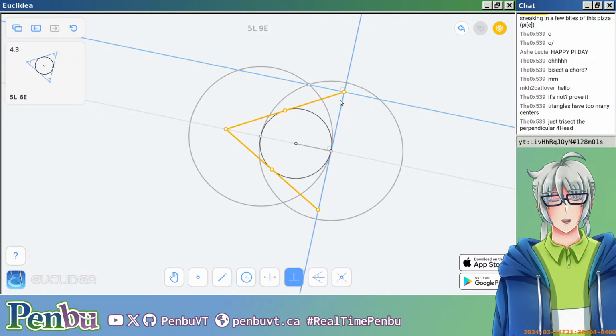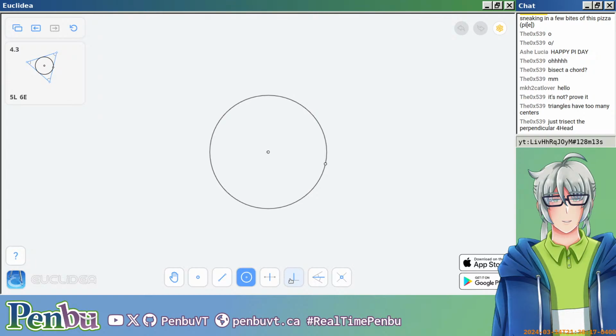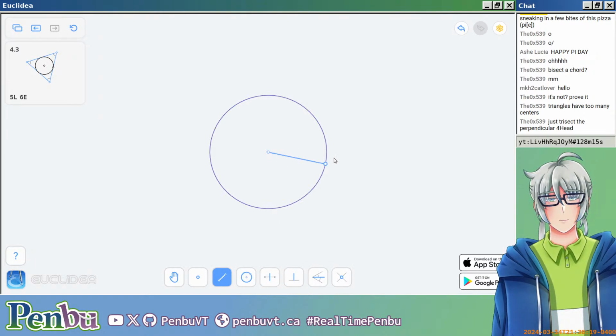So then we just create a 60-degree angle from there, and then we can get this point. Okay, so we'll start with that. We have this, we drop perpendicular.